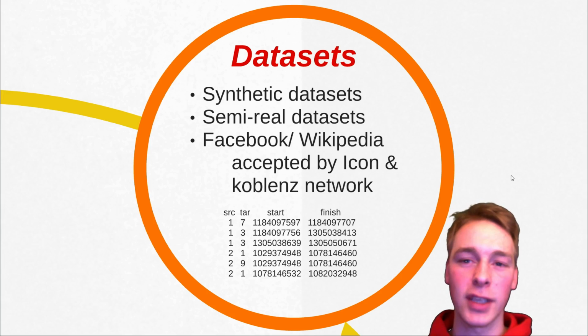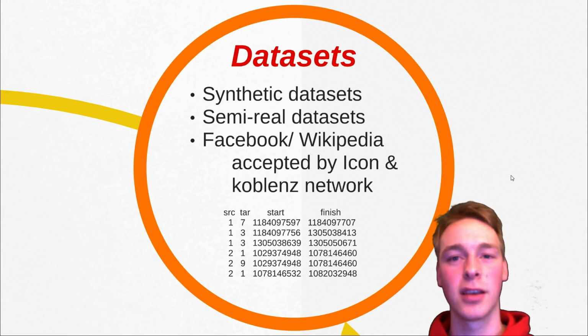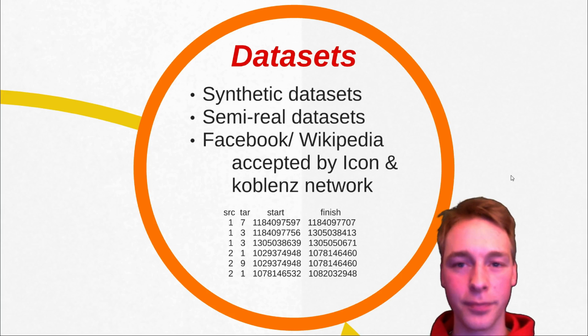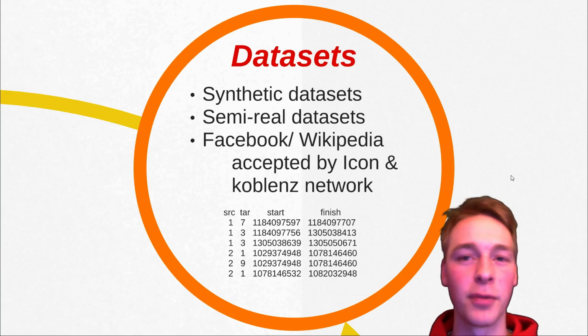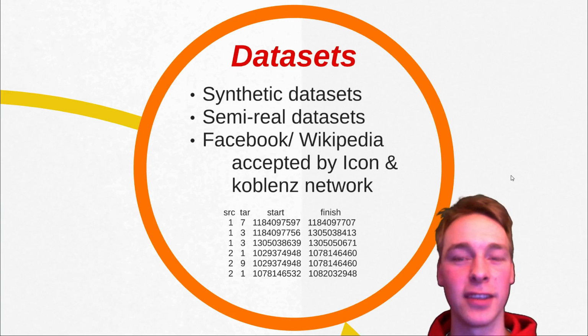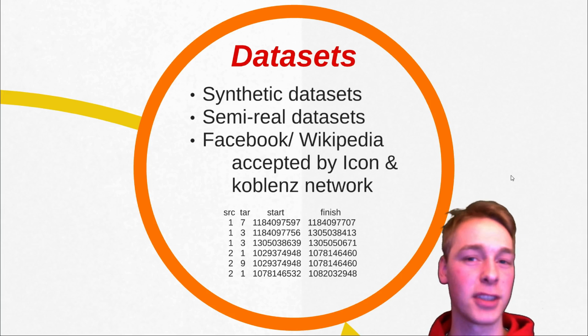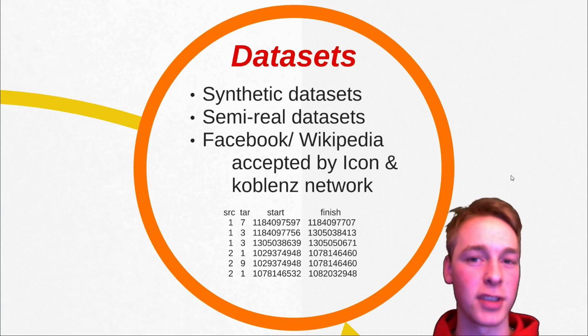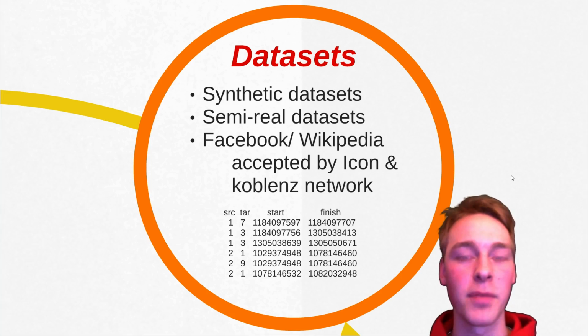What was interesting is Tink uses these interval graphs, but there weren't any interval graphs available online, which was weird because they do exist, but the datasets weren't distributed yet. So I created them myself, but these intervals were generated, so this was not real data.